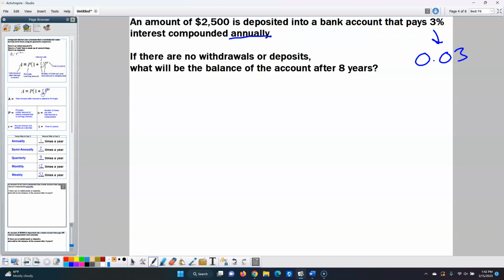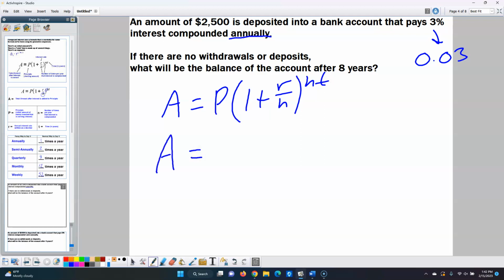So I've got this formula. I've got this A equals P times 1 plus R over N to the N times T. And what will be the balance after so many years? So we're looking for our final balance. We're looking for A there. It says that we're starting with $2,500 at a rate of 3%.